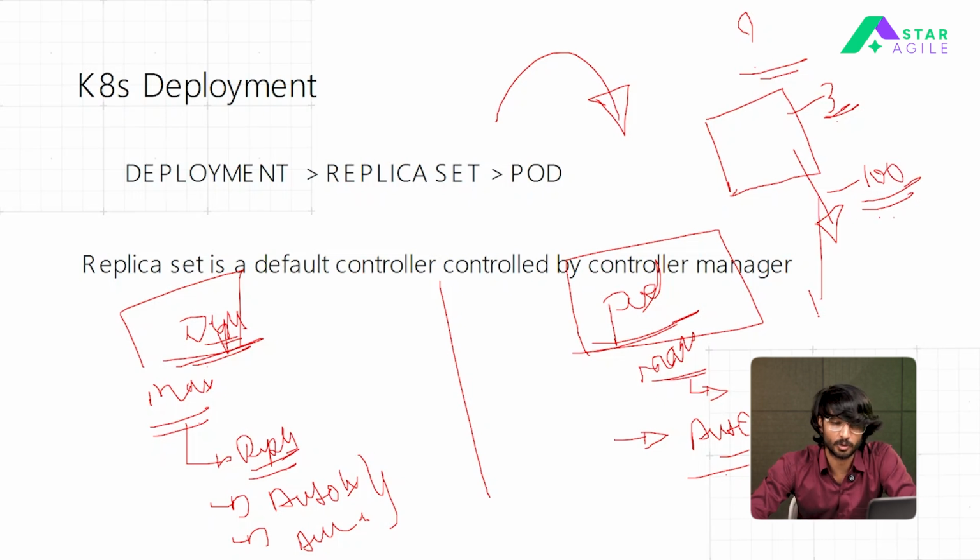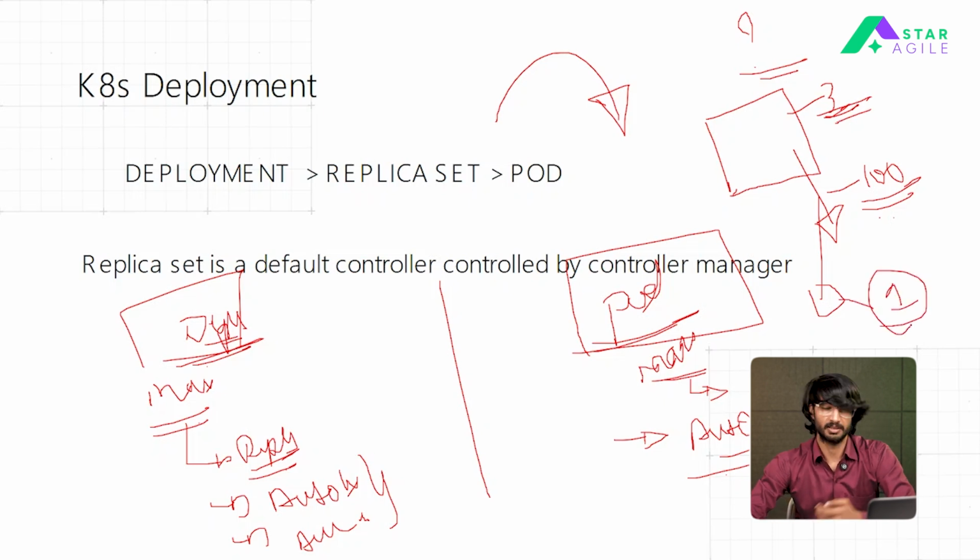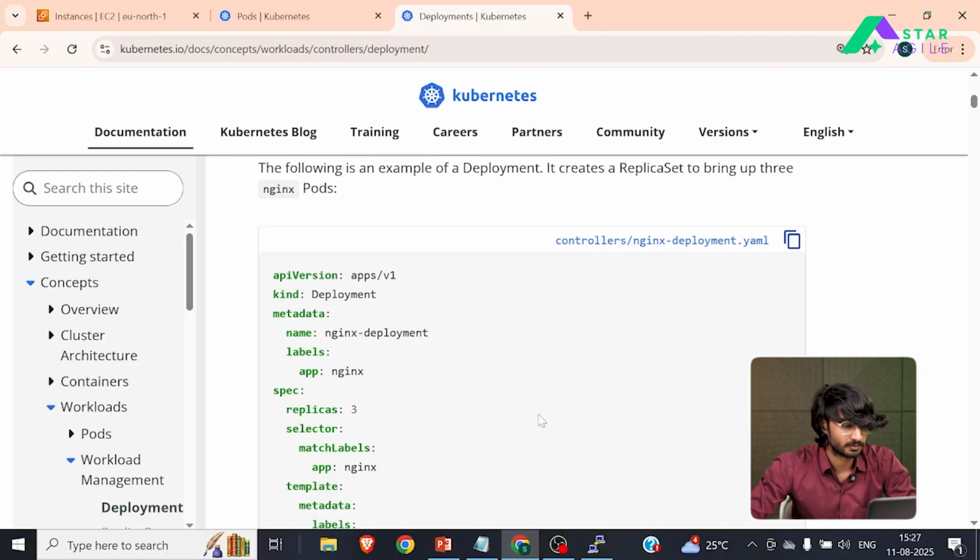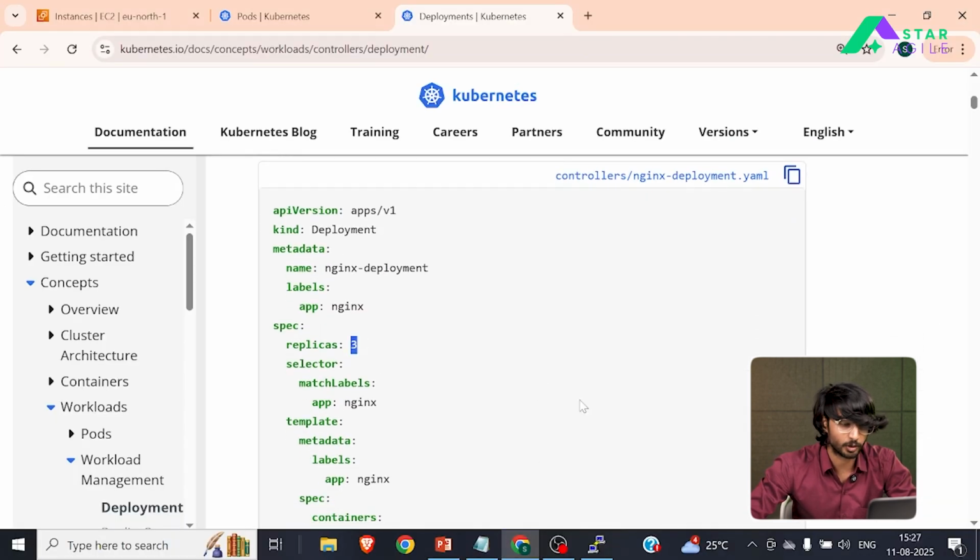Or in case you want to bring down the replicas from 3 to 1, what can we do? Simple thing, we'll go to this particular space. Where is it? Instead of replicas 3, we will reduce it to 1 if you want to maintain only 1 replica. If you want to increase the replicas, you'll set it to 100.